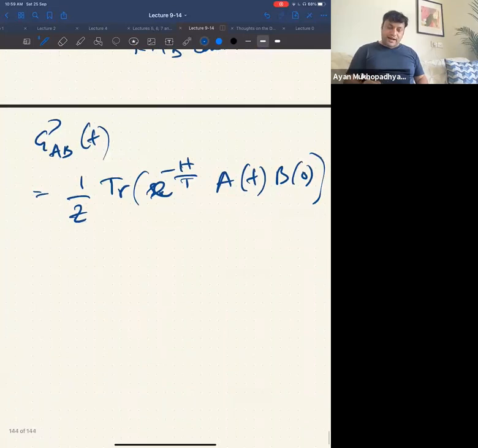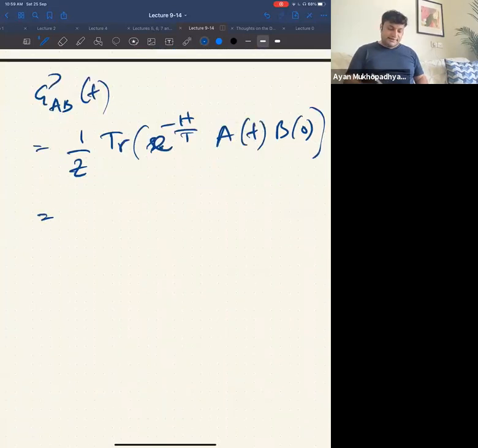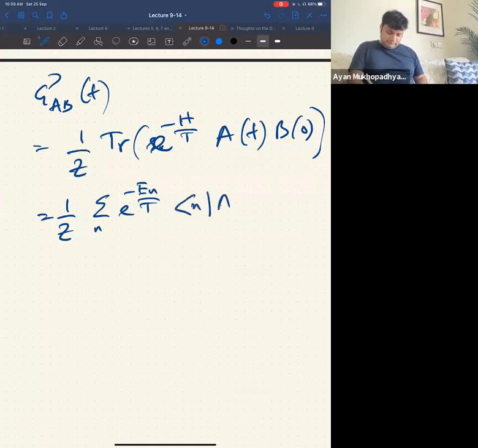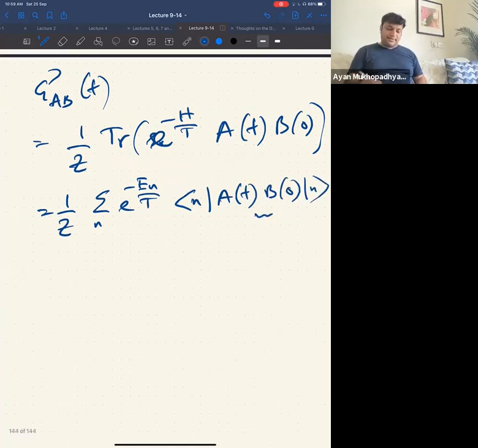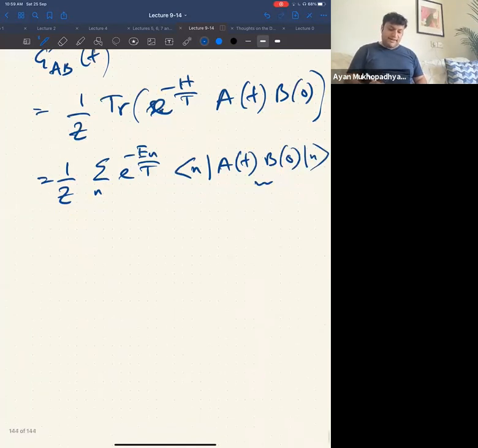Now, if I write it in real space, it's 1 over Z, sum over n, e to the power minus E_n over T, where E_n are the eigenstates of the Hamiltonian, obviously, and then we have <n| A(t) B(0) |n>. Now I simply insert a complete set of states here and write it this way.